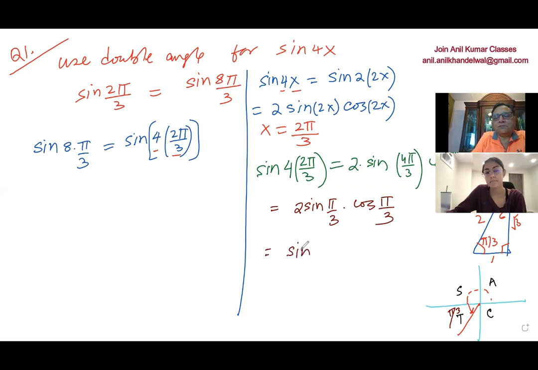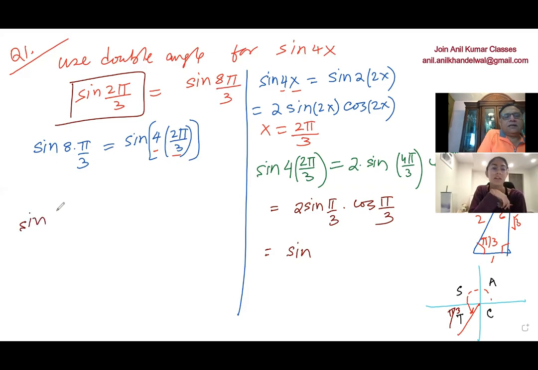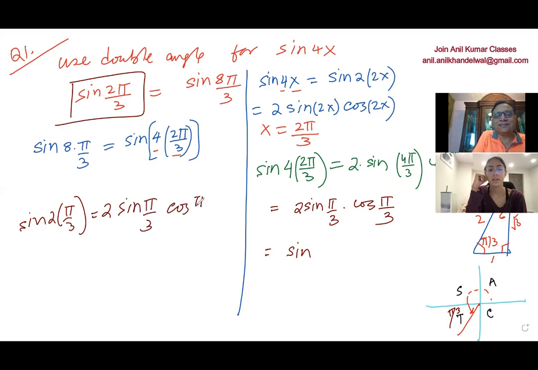Because if you go back, what is sine 2 pi by 3? Sine 2 times pi by 3, if I expand using a double angle formula, it will mean 2 sine pi by 3 cos pi by 3. Do you see that?